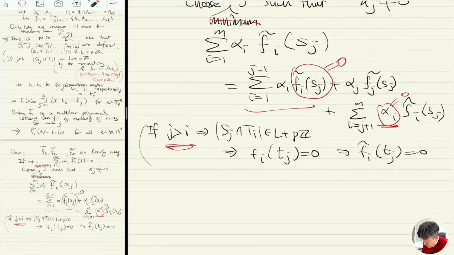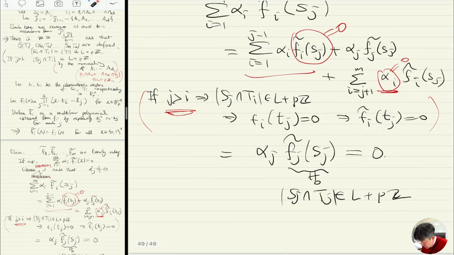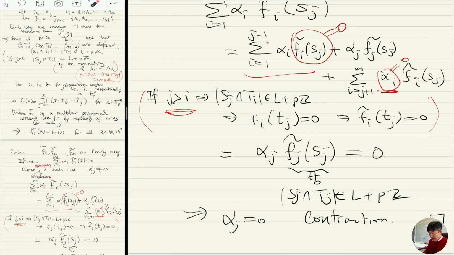So by all of this, what we end up with is alpha_j F_j tilde of S_j. And this is non-zero because the cardinality of S_j intersection T_j is not in L plus p Z. So that implies that alpha_j is 0. Contradiction. Right. So this proves that they are linearly independent.